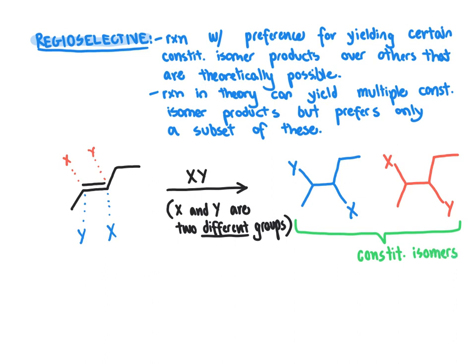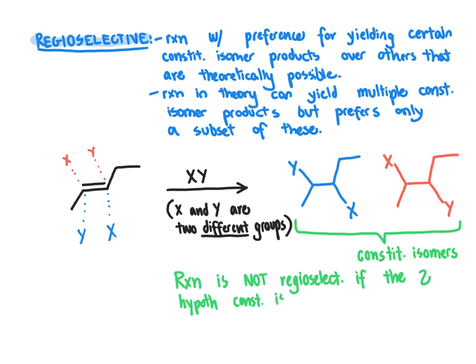So if each of these two compounds were formed in equal quantities, we would say that the reaction is not regioselective. I'm going to go ahead and write that down: the reaction is not regioselective if the two hypothetical constitutional isomers, the two theoretical products, are in actuality observed in equal amounts.